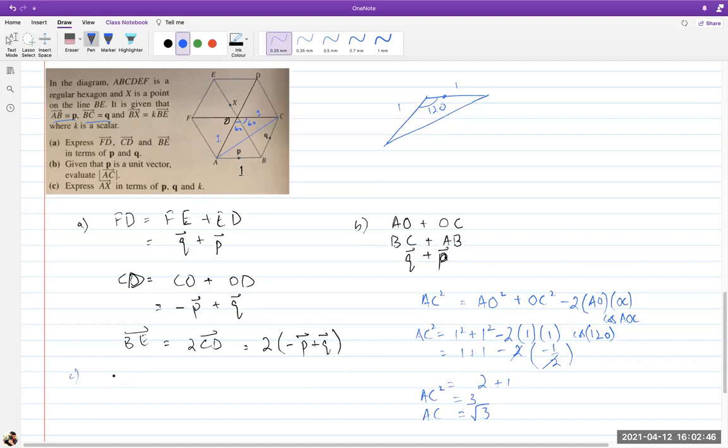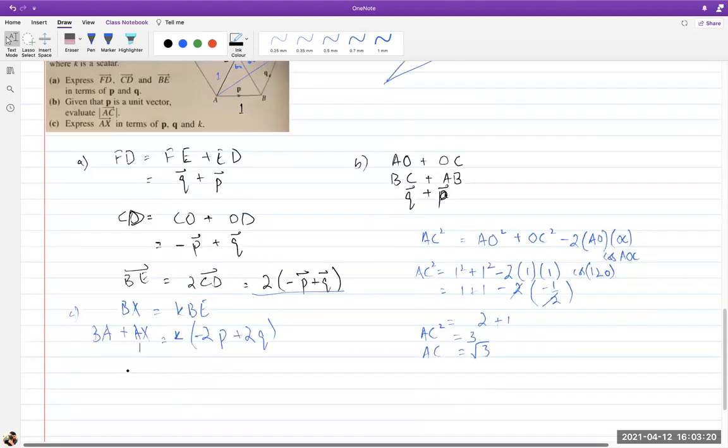I can do it. So this one, you want to find AX. Now I know that BX is going to be KBE. That's given in the question. Now I know BE, we have already found it. So I'll just plug that in there. So it's 2K times minus P plus 2Q, okay? And BX is nothing but going from B to A, then A to X. And there I have AX hidden in there.